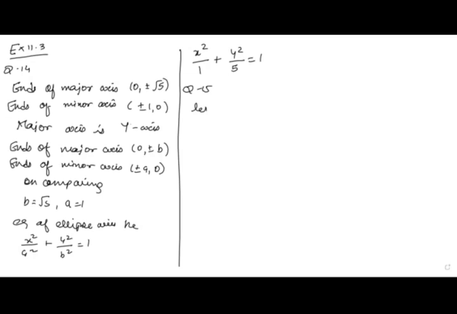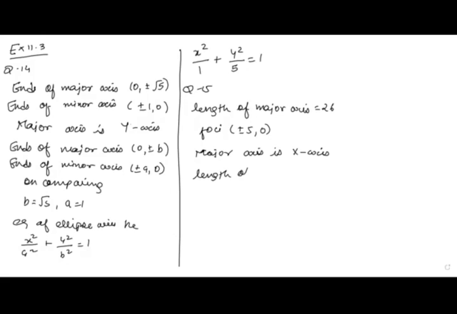Length of major axis is 26, and foci is given on x-axis. If your foci is on x-axis, then major axis is along x-axis. And if your major axis is x-axis, then the length of major axis is 2a.